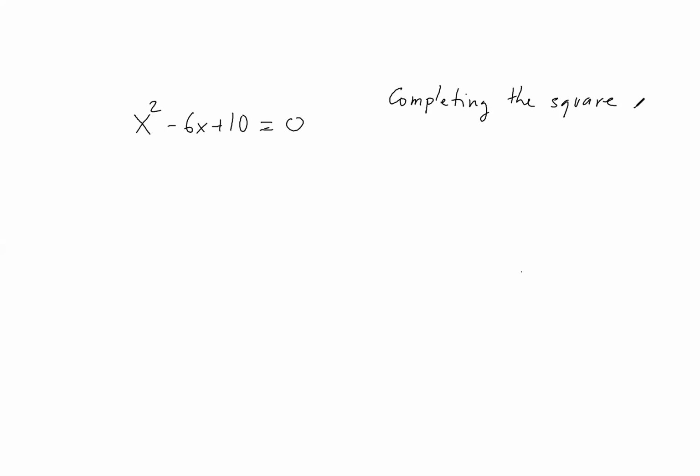So here we go. All right. First, we have to look at the leading coefficient. We want to make sure the leading coefficient is 1. It must be 1, positive 1.